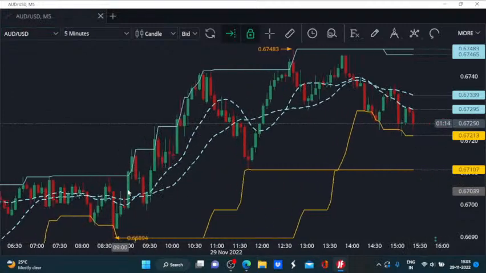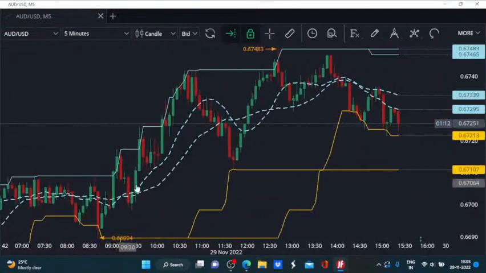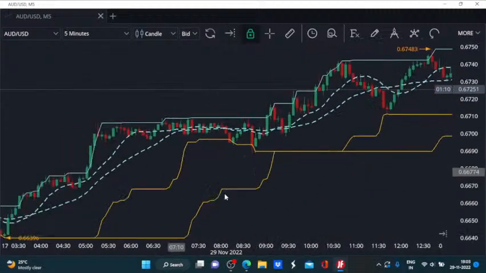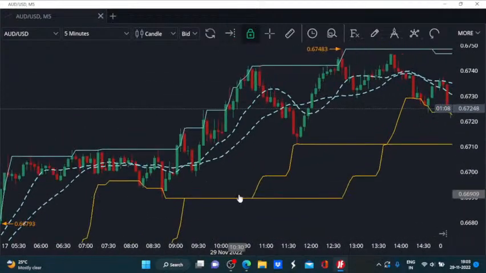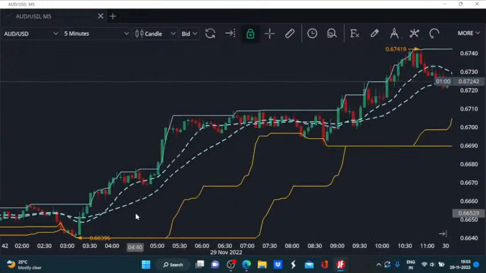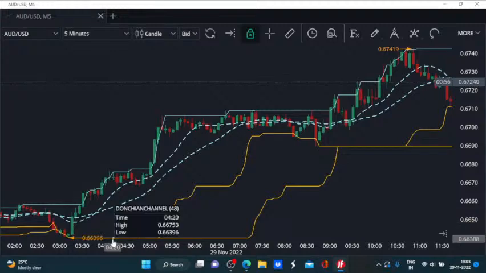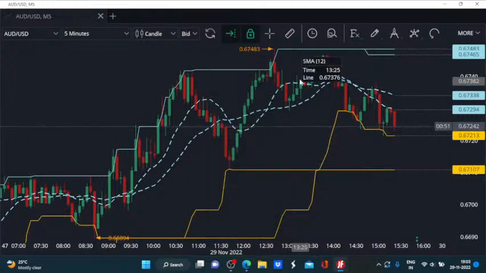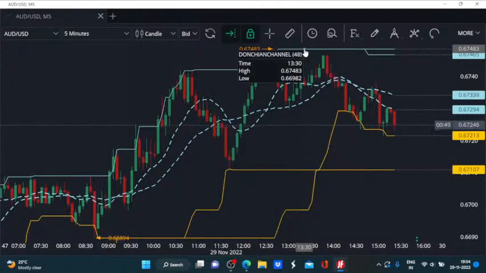For AUD, the picture has been bullish compared to what we saw in the case of Euro USD. It didn't really touch the 4 hourly low that happened during the early Asian trading session at 3:20 GMT. Afterwards, it has rallied almost 100 pips. The low came in at 0.6639, and from that level it went on to rise to 0.6748.